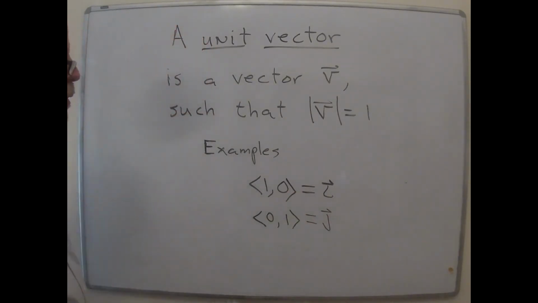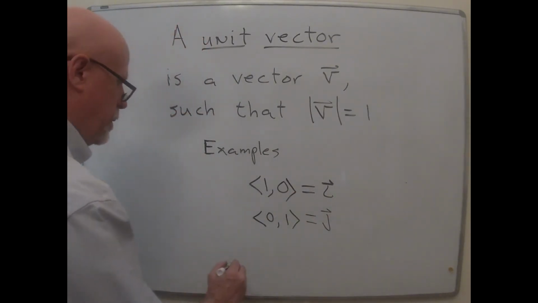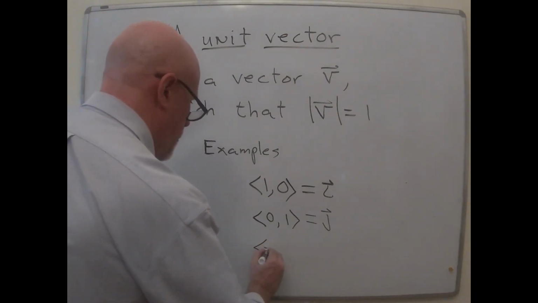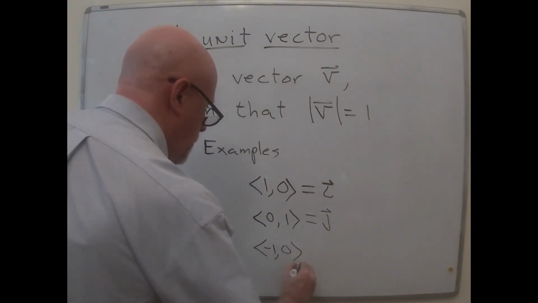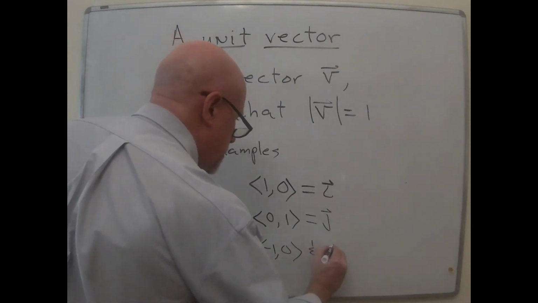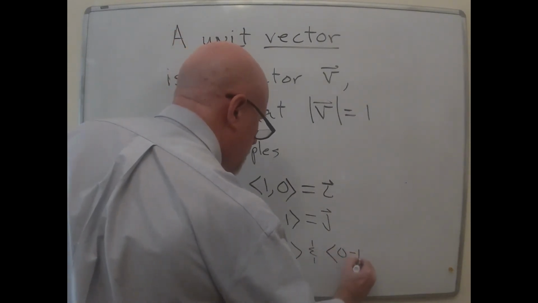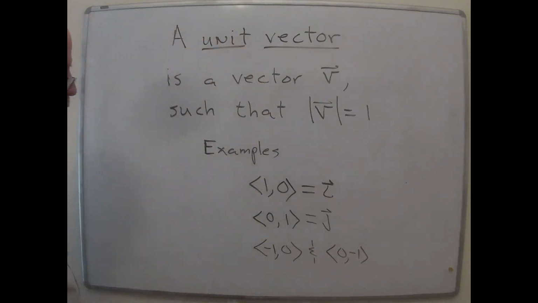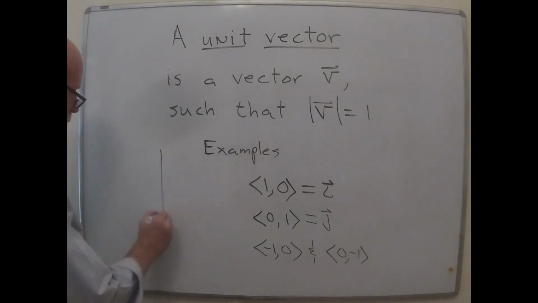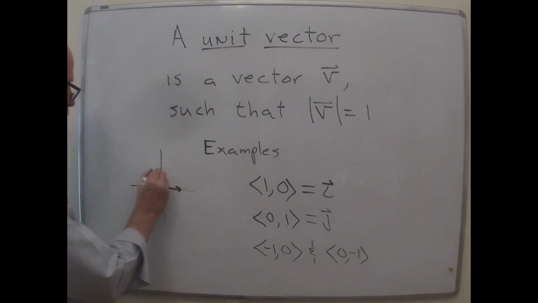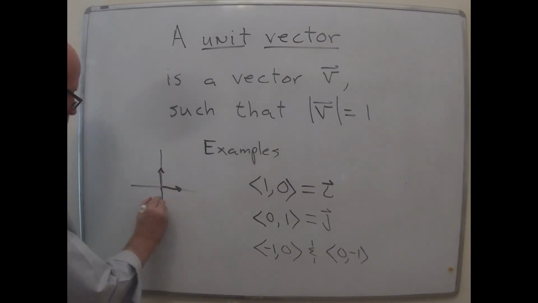But that's just 2 unit vectors. There's lots of others. There's, for instance, (-1, 0) and (0, -1). If you think about what I've done here, I've just created 4 vectors that all stick out along the cardinal directions in the xy plane.